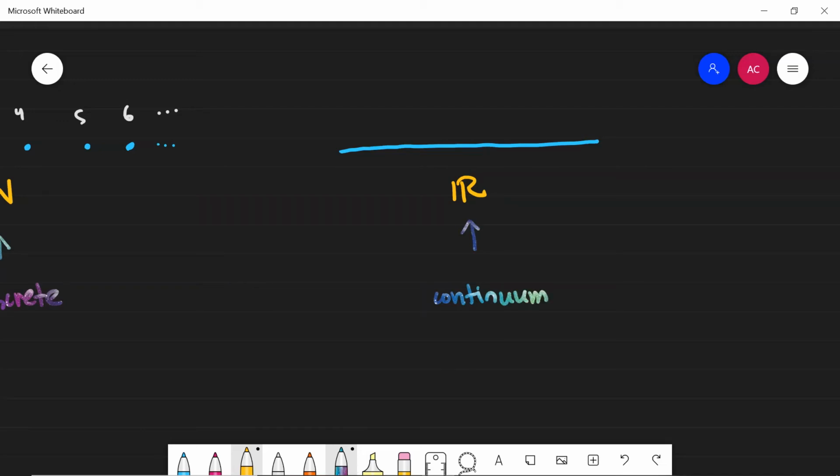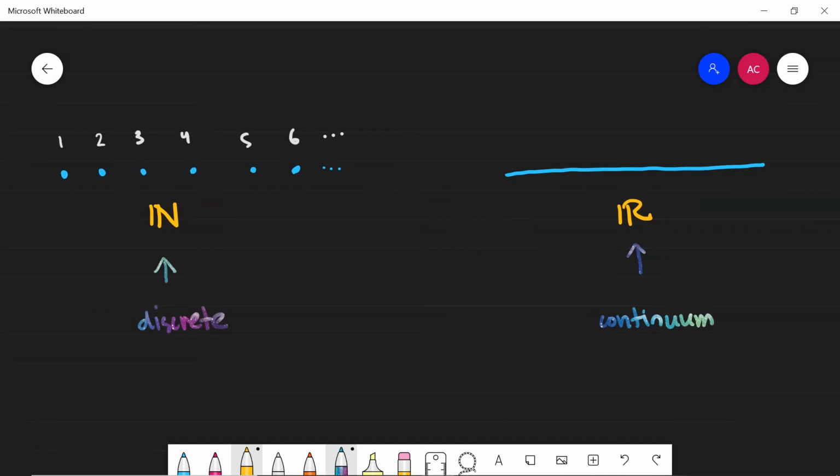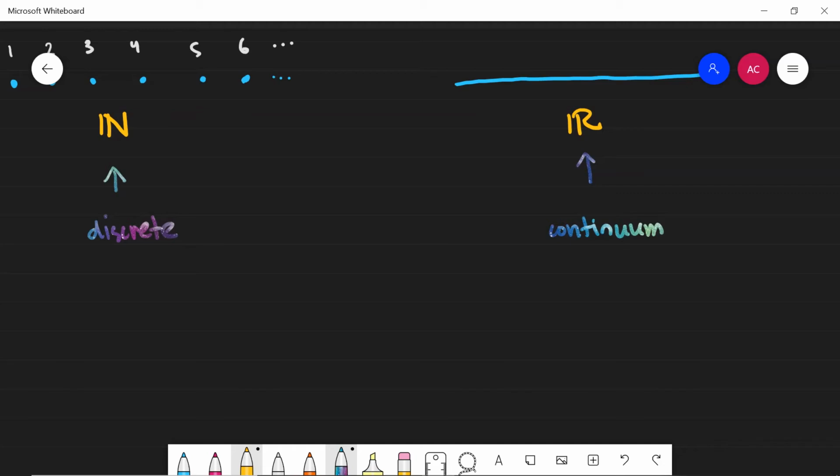So in jumping from the set of naturals to the set of real numbers, you're going from being countably infinite to uncountably infinite. Let's write that out. This is an example of a set that's countably infinite, versus a set that's uncountably infinite.